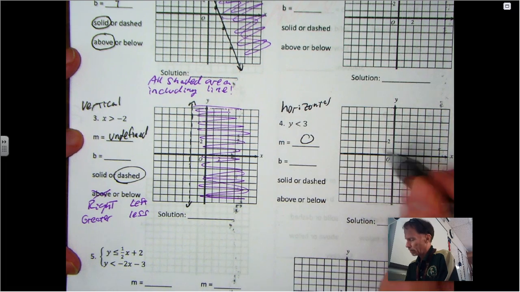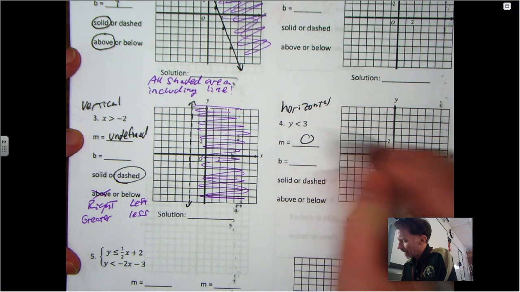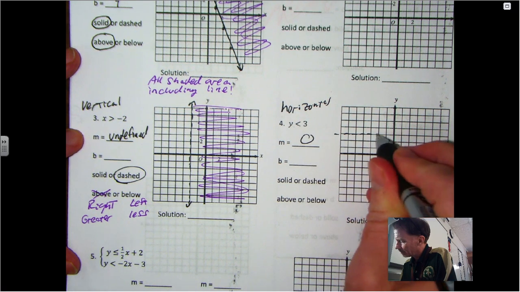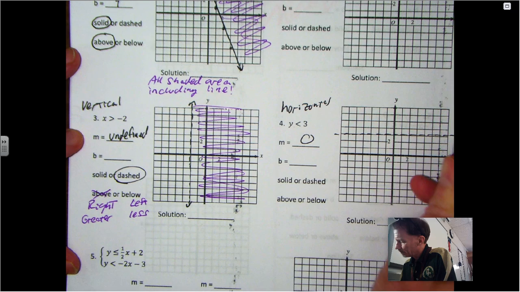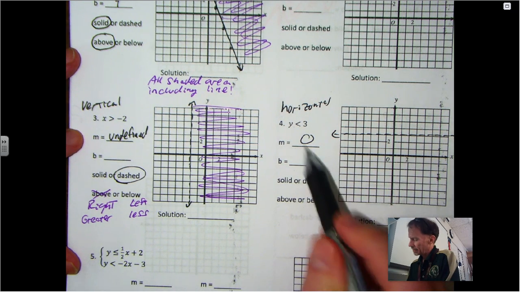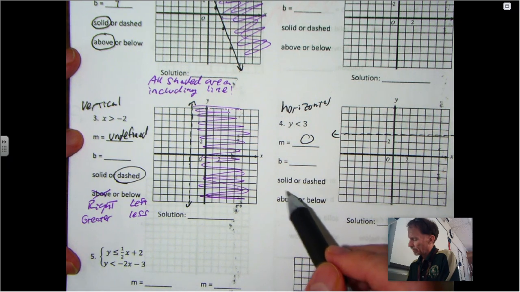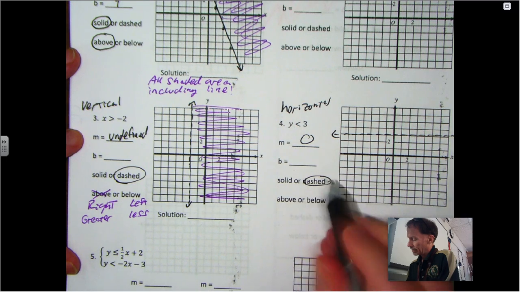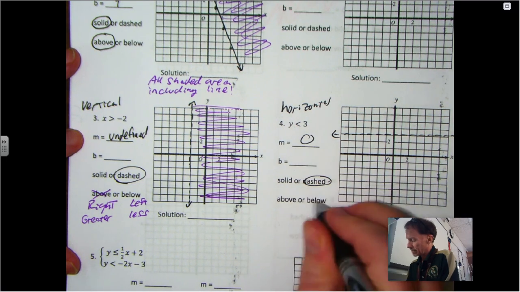So again, we're going to go to 3, 1, 2, 3. Also a dashed line or a dotted line. And in this case, it's going to be below the line because again, it's less than.